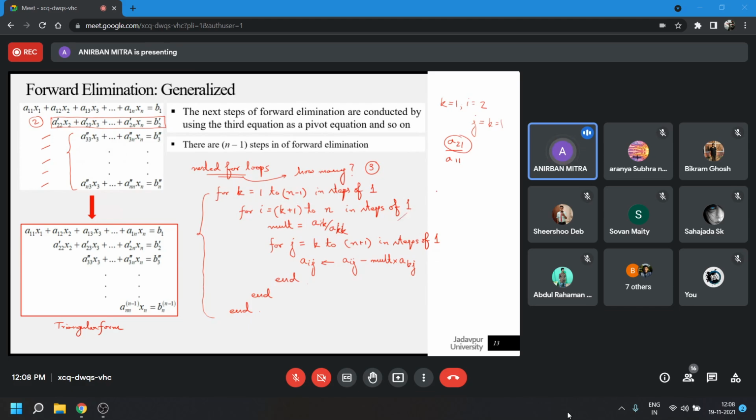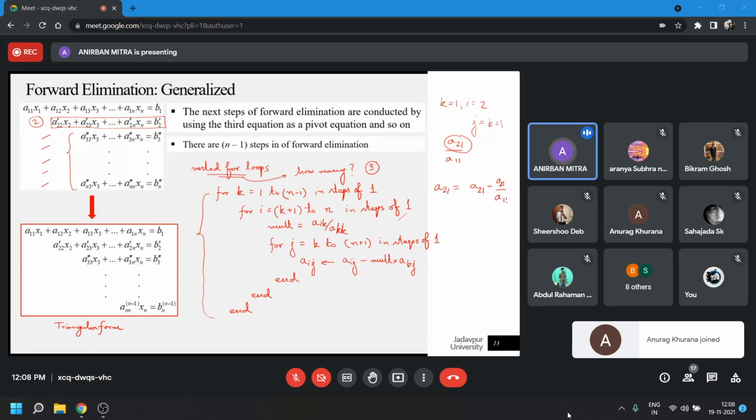So what it will be, aij means a, i is 2, so a21 would be equal to a21 minus a21 by a11 multiplied by akj.